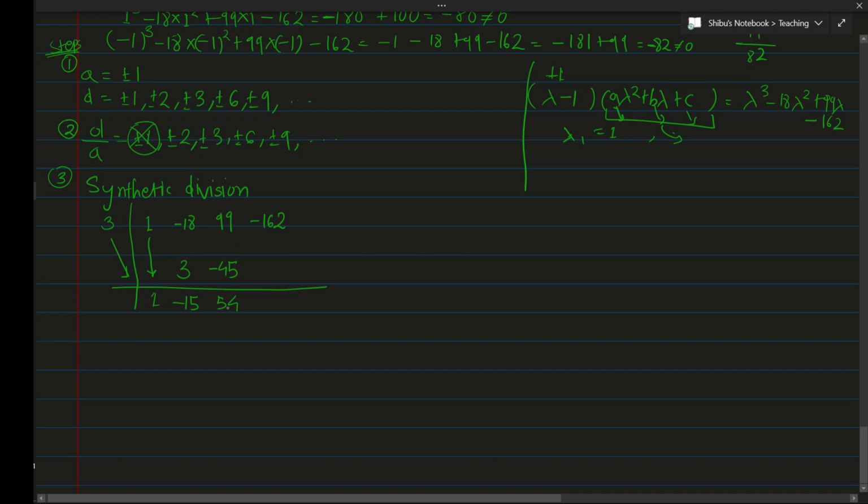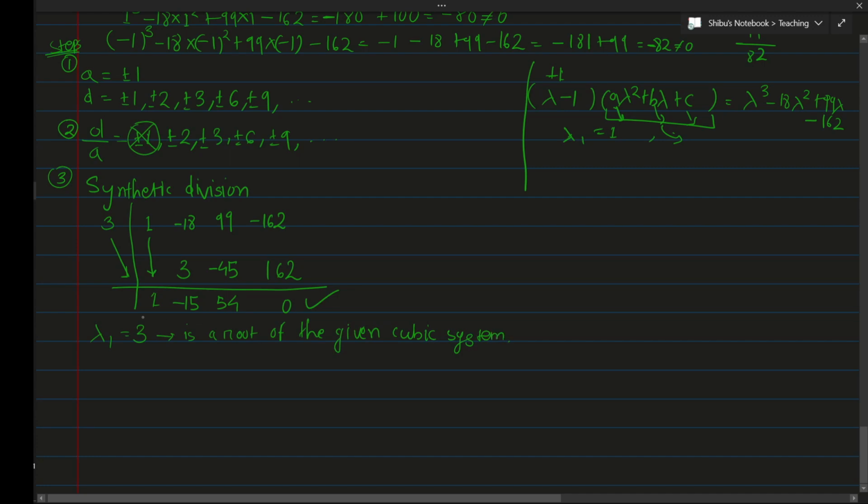Again 54 into 3 will be 162, and minus 162 is there. Adding these two will give 0. So one value of lambda is 3, which will satisfy our cubic equation. That means 3 is a root of the given cubic equation, right?